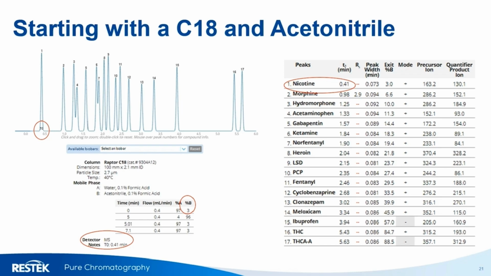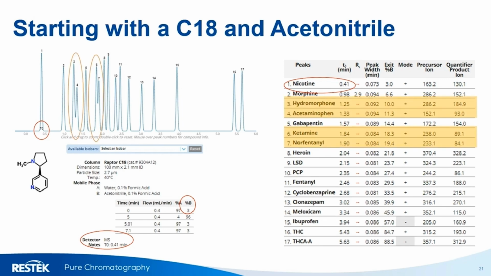So you can see my T sub 0 value is 0.41, and that is where my nicotine is eluting at 0.41 minutes. As you can see, the compound nicotine is very hydrophilic, so it's going to want to really stay in that water and not interact with the stationary phase that much.